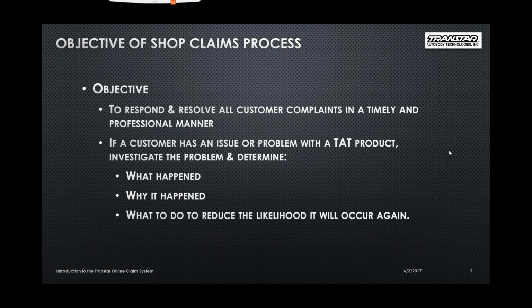Because that's really the heart of our claims process. We want to find out why this happened, whether it was from an environmental issue, man, method, machine, environment, and prevent this from happening again so that our customers have success with our products in the future.